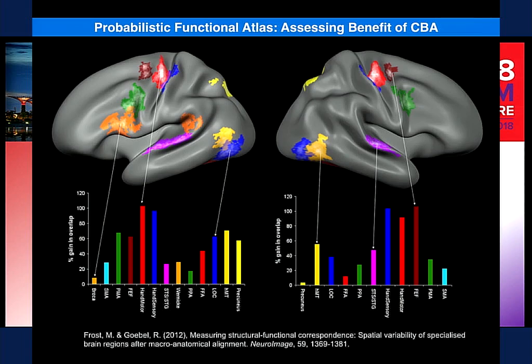That's actually done here. This is one of the early examples in our lab where we did that. We assessed the benefit of doing CBA compared to standardized volumetric alignment to Talairach and MNI space. What we found was very interesting, and alludes a lot to what we heard in the previous two talks, namely that some areas, for example the frontal eye field, show a gain of overlap across subjects after cortical alignment of 100% compared to volumetric alignment.